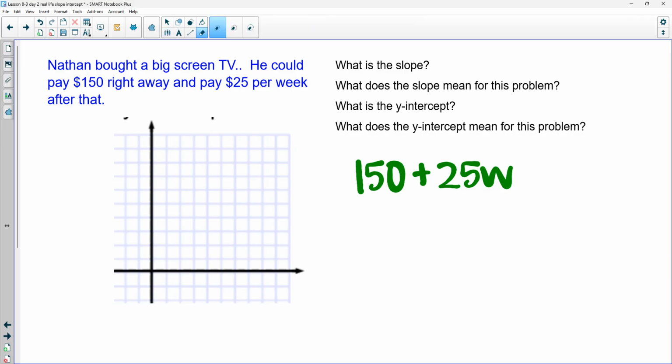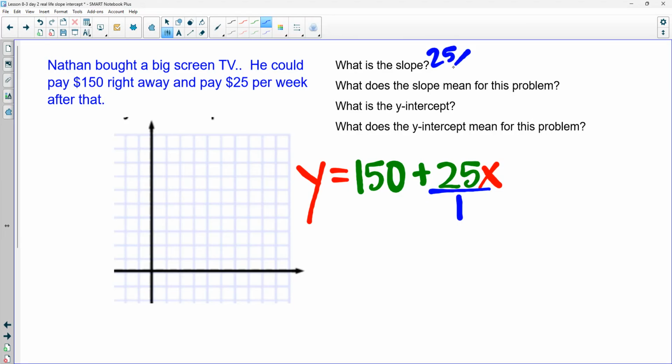Well, Descartes, he doesn't like a W. He specifically likes X. And he likes the equals in front for some silly reason. So once I write it out, it's really easy for me to find the slope, which is attached to X, which is 25 over 1.